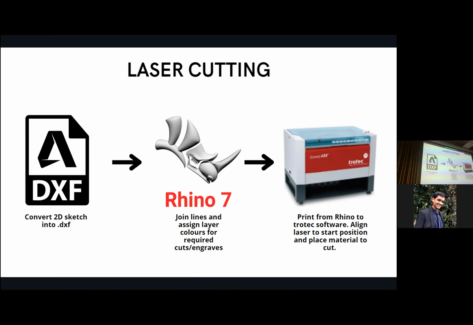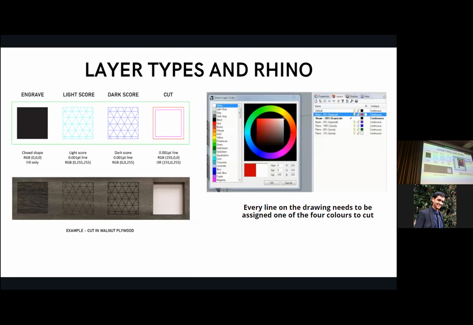So if we go back to this slide, say you wanted to cut a rectangle, a square of this shape, you just change the DXF file's line colors to red, and the laser cutter will recognize that you're doing a cut. Similarly, if you wanted this shape to be a light score, you just change all the layers on that drawing to light blue, and it will do a light score on the plywood.